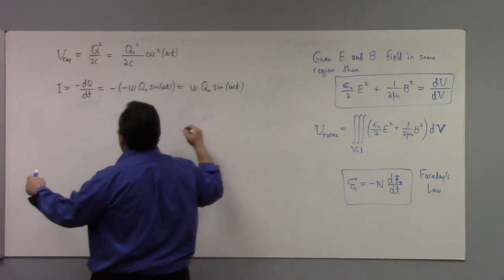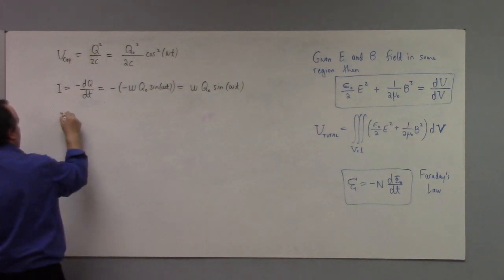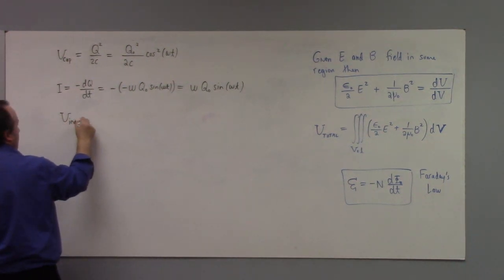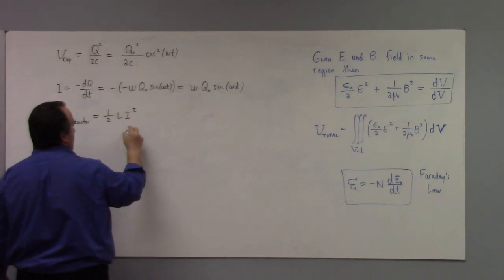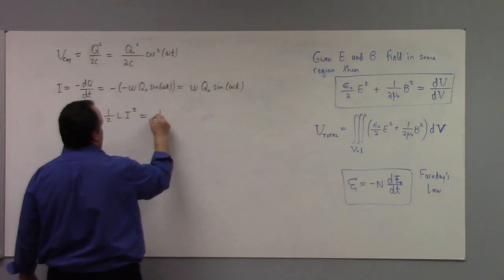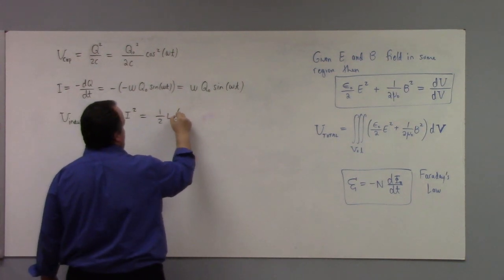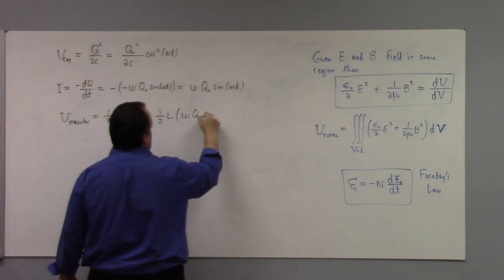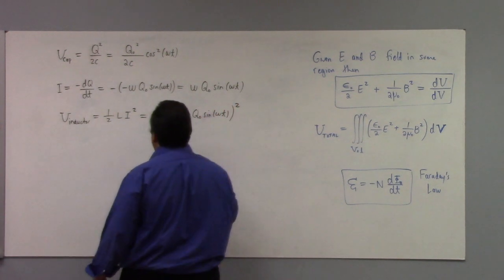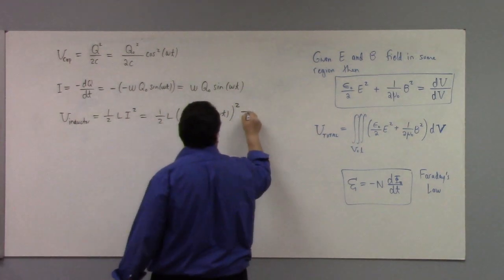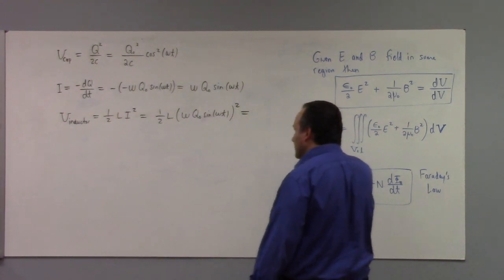Okay, so what's the energy in the inductor? What did we learn? 1/2 L i squared, right? So in this context, 1/2 L times omega q naught sine omega t squared, right? Can you guys simplify that for me?